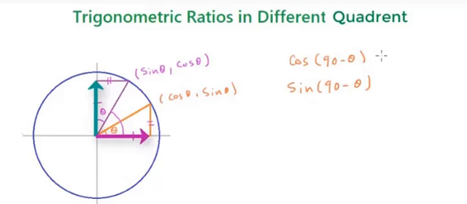That means cos 90 minus theta, which is the value of the x coordinate of this point, will be equal to sine theta, and sine 90 minus theta, that is the value of the y coordinate of this point, will actually be equal to cos theta, right?